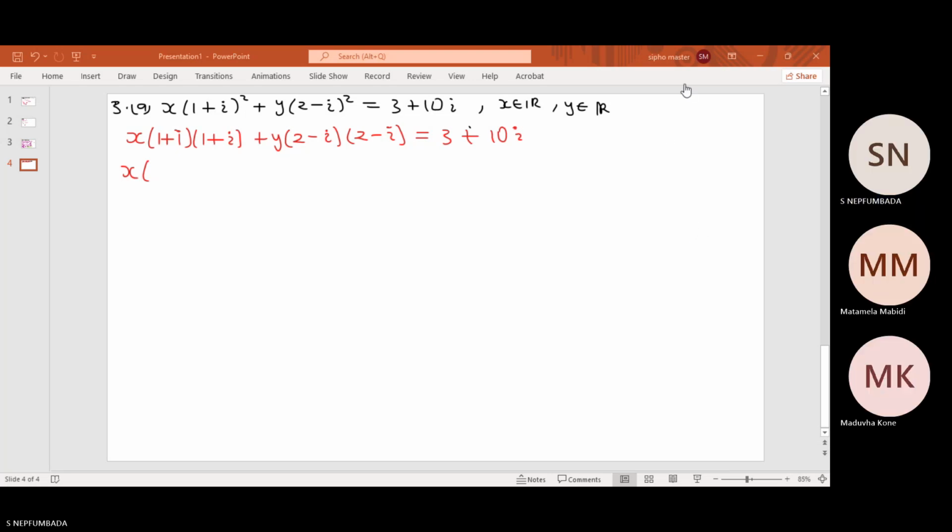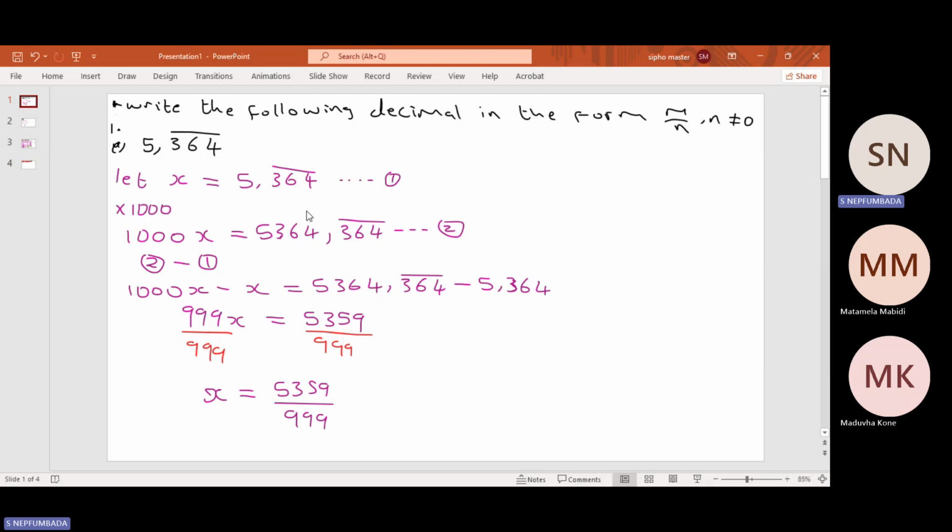So it means we're going to have what? Even if this one comes on your test, you have to let, how do we let this one? We check the repeating numbers, right?